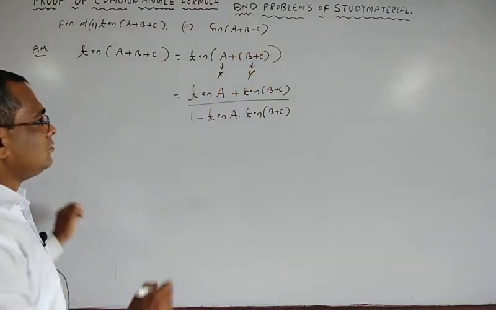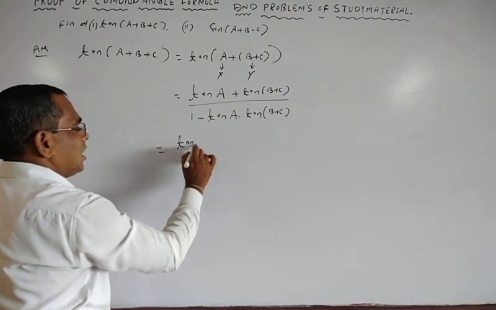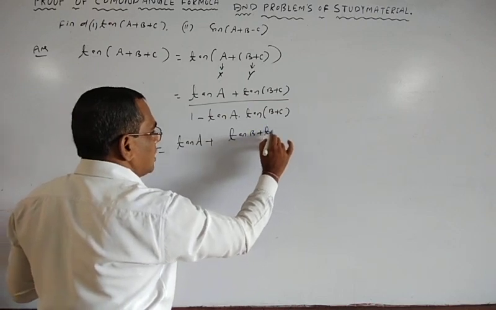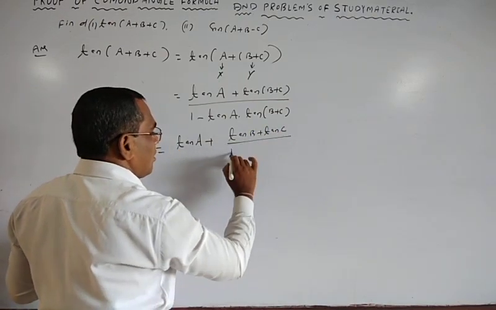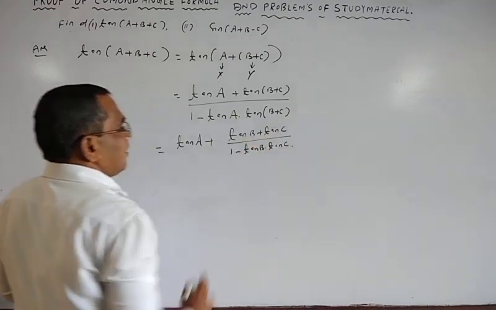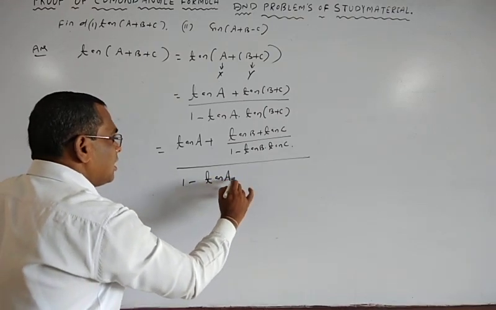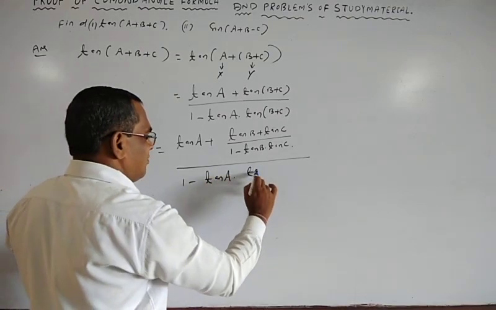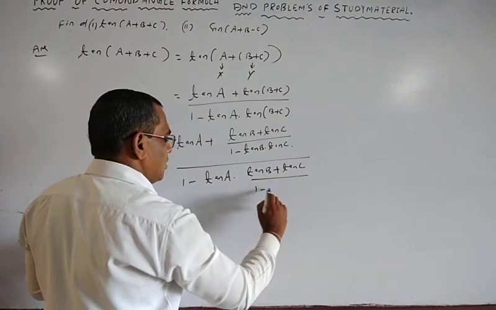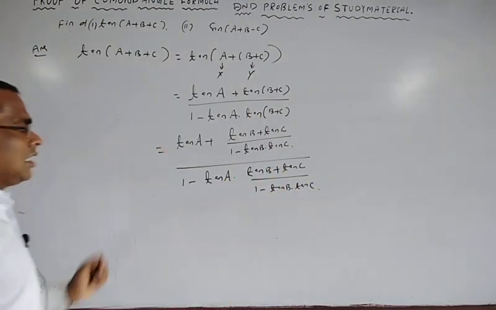Then again use the formula for tan of b plus c. This is equal to tan a plus tan of b plus c, means tan b plus tan c by 1 minus tan b into tan c, whole by 1 minus tan a into tan of b plus c, means tan b plus tan c by 1 minus tan b into tan c. Okay. Now simplify.